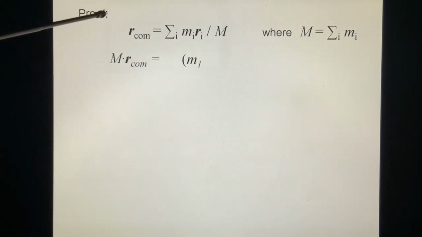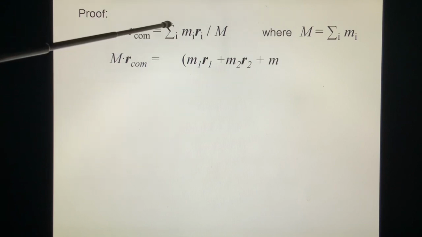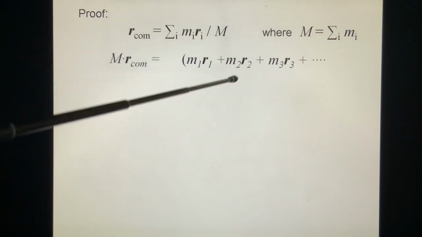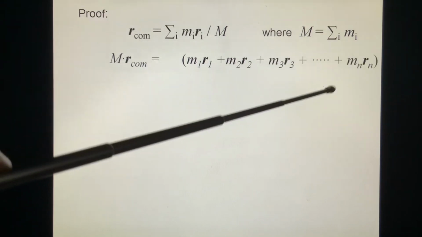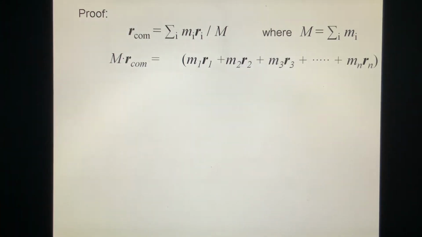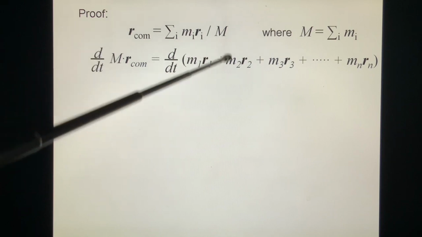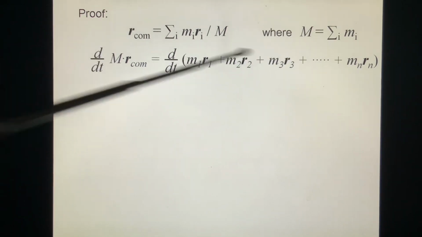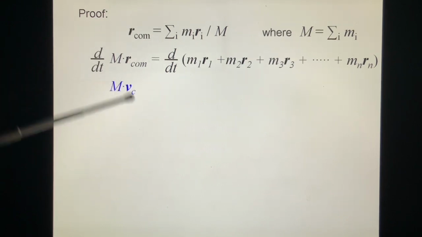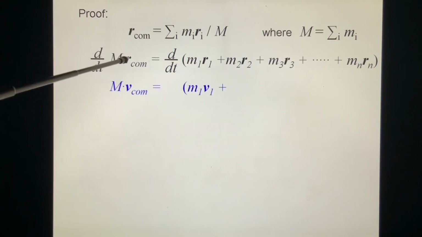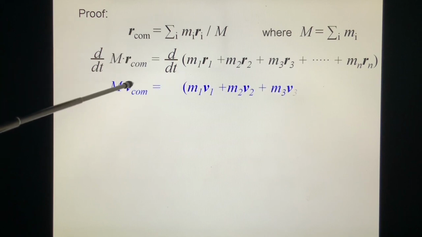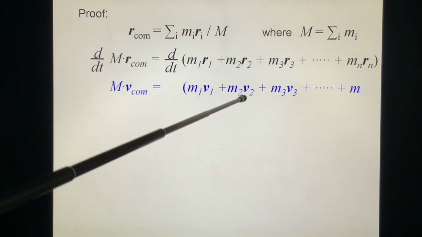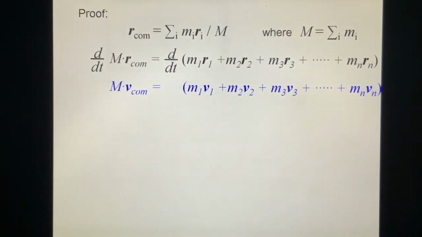We move M over here: M R com equals m1 r1 plus m2 r2 plus m3 r3 up to mn rn. Now we take the derivative with respect to time t on both sides, and M, m1, m2 are constant, so we take them out. This becomes M V com, since dr/dt equals v, equals m1 v1 plus m2 v2 plus m3 v3 up to mn vn.